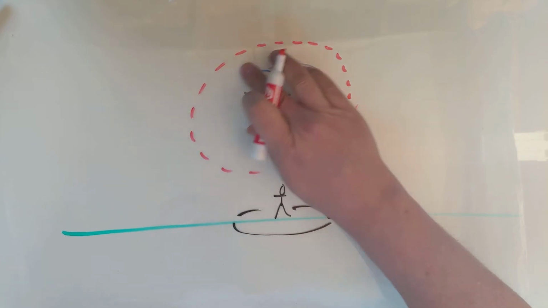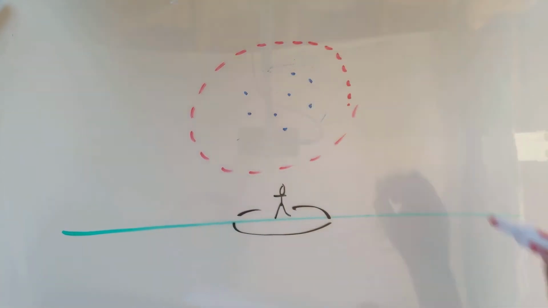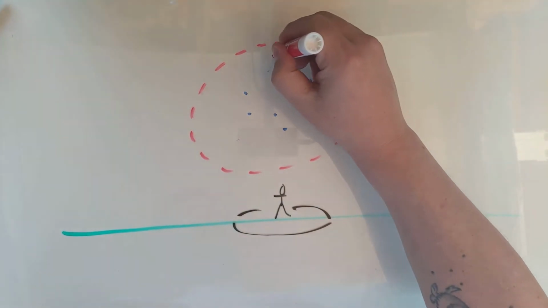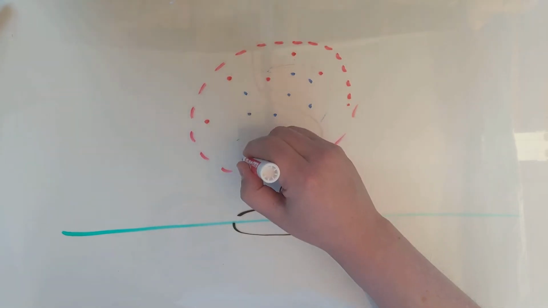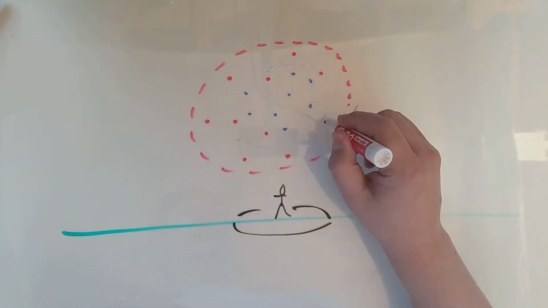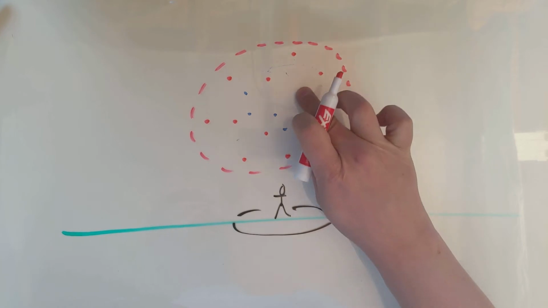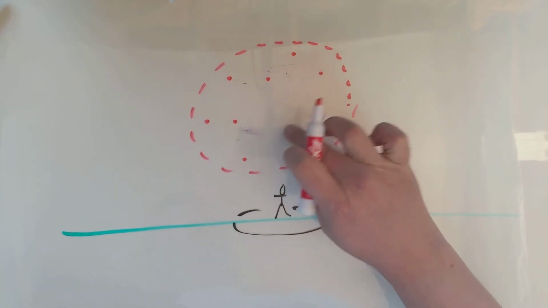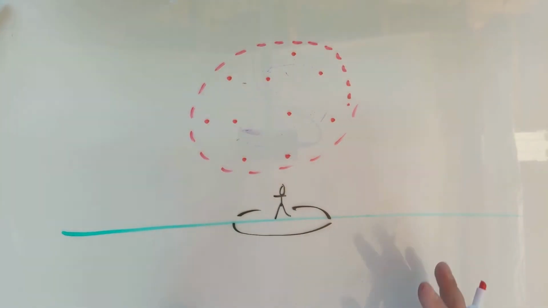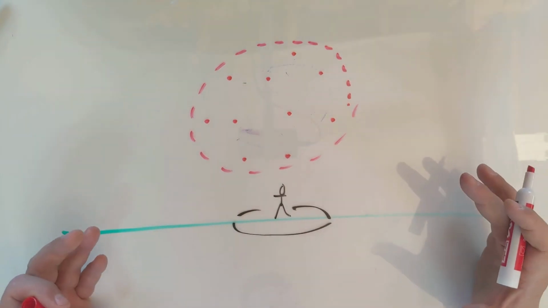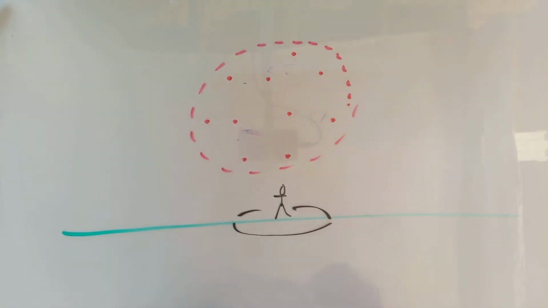And therefore, all those particles are going to spread out just a little bit. So, same number of particles, but now they're spread out. They're less dense. Now that's going to become very important later on.